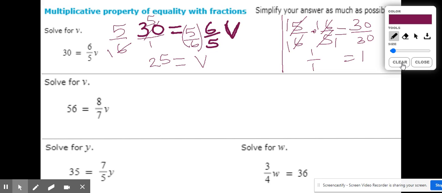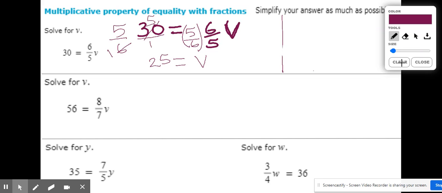Okay? And as always, we can check our work. So let's make some space to check the work over here. When we check our work, I can say that 6/5 times v, which is 25, is that equal to 30? Well, I don't want to do 6 times 25.